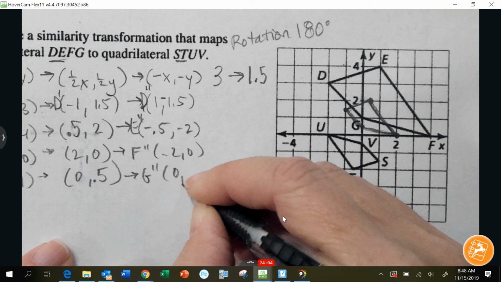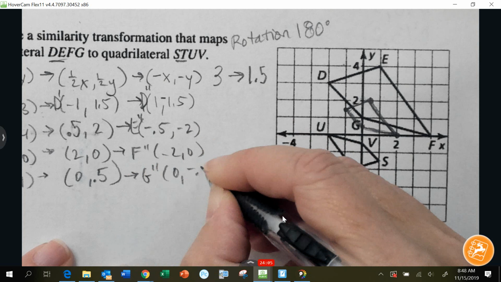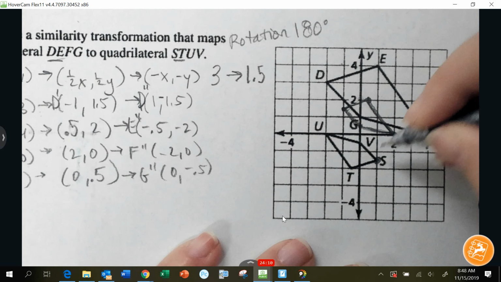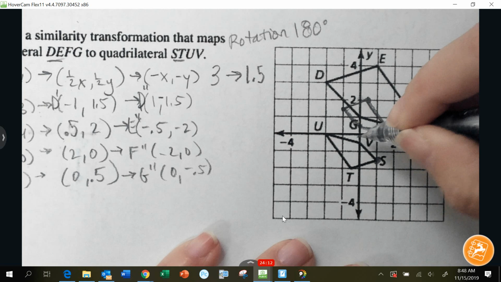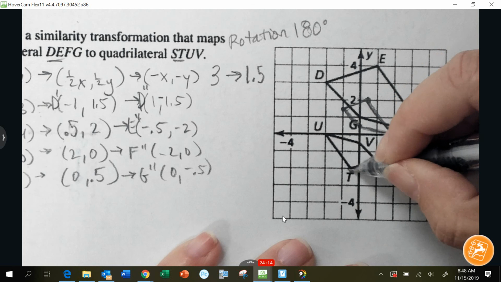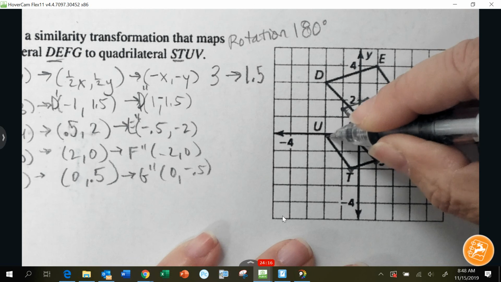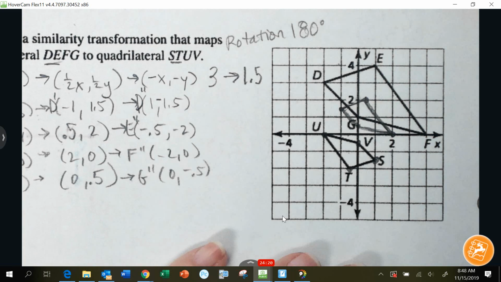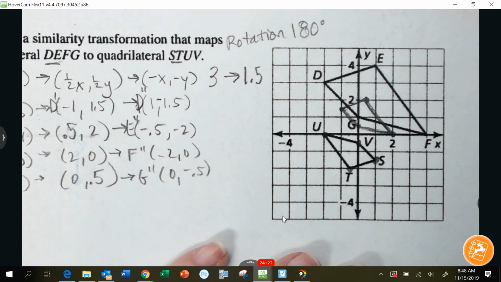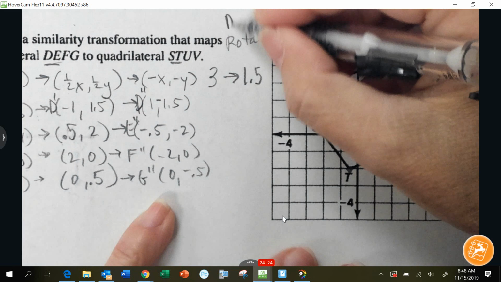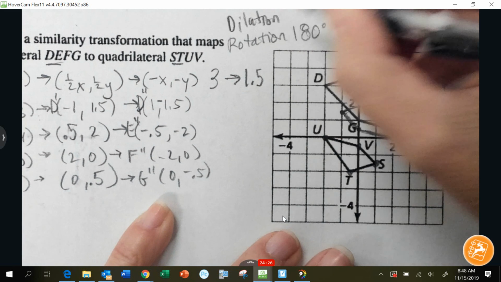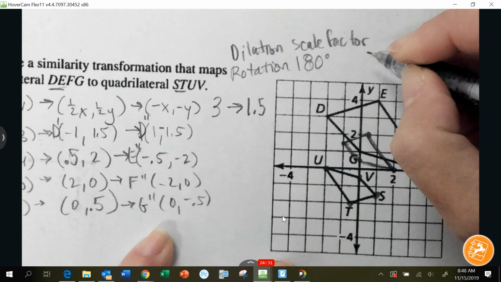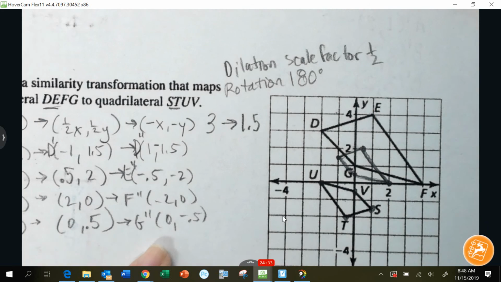And 0, negative 0.5. Boom, got it. Good job, guys. So we had a dilation, scale factor half, and then we did rotation 180.